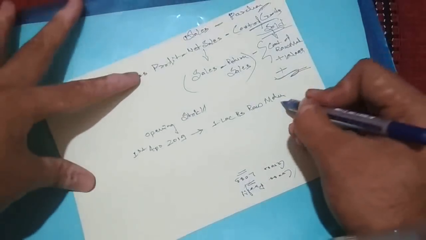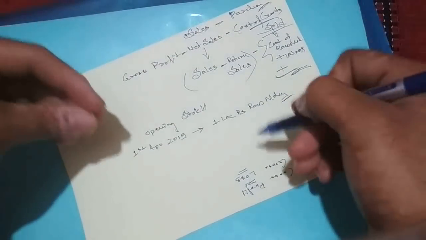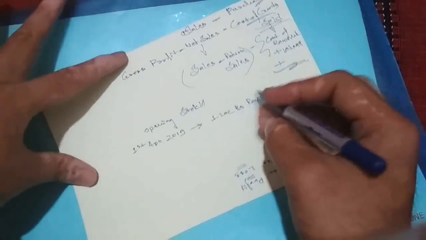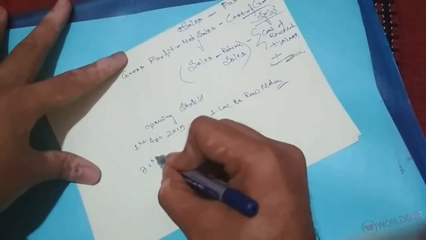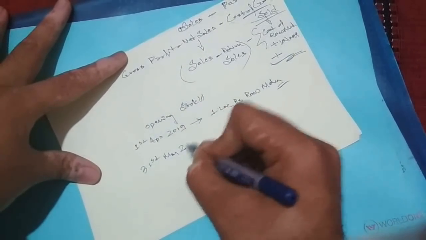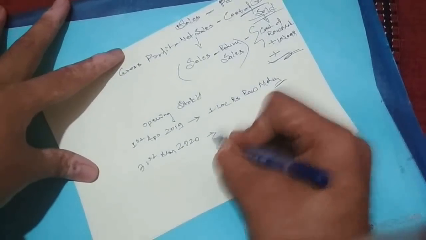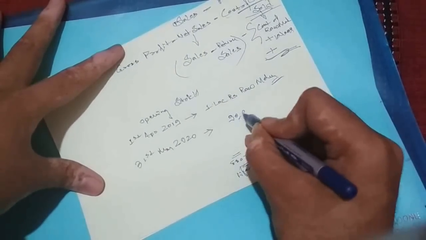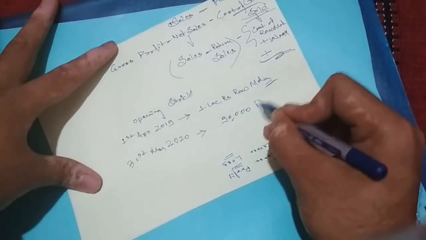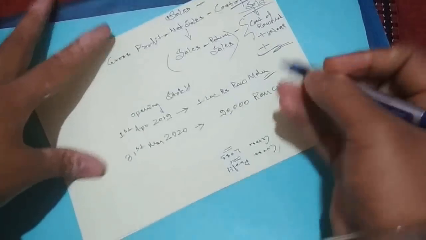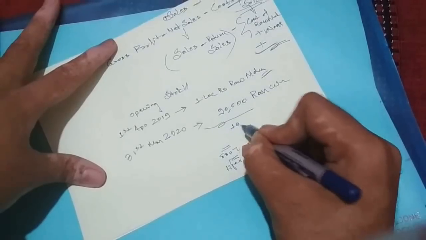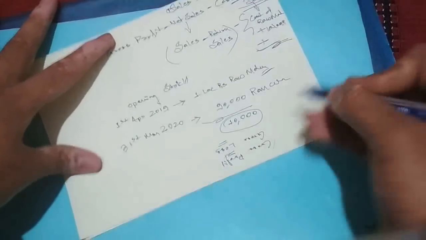But when you come to 31st March 2020, only 90,000 of the raw materials were used. So how much are you left with? You are left with 10,000 of the raw materials.